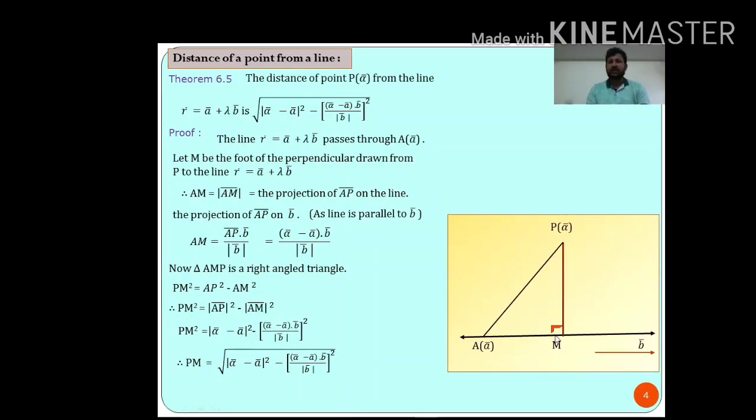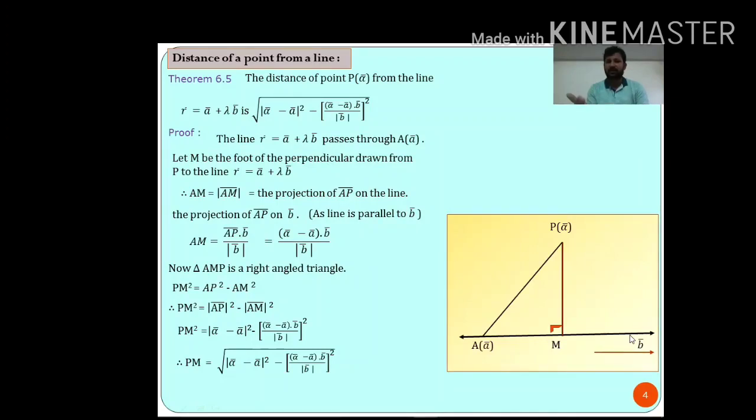To get the distance of that point, you will be provided either the coordinates of point P or the position vector of point P, and the equation of the line may be given in vector form or in Cartesian form.